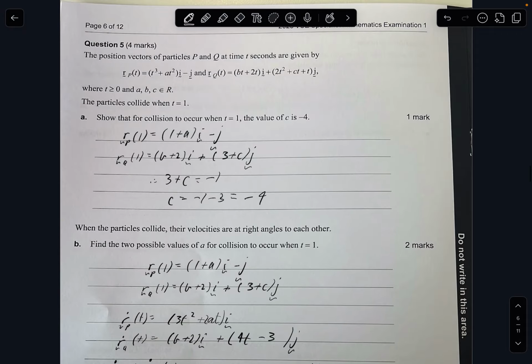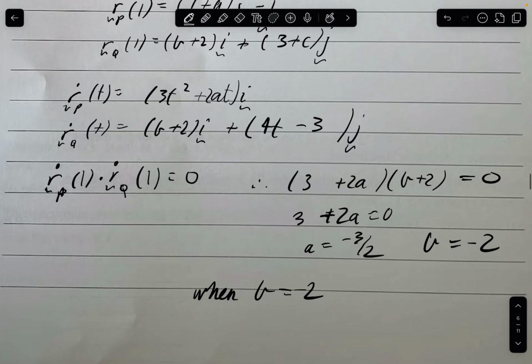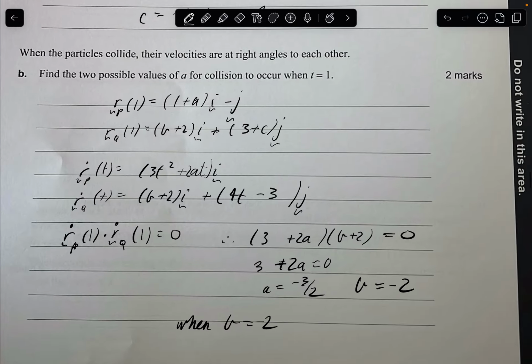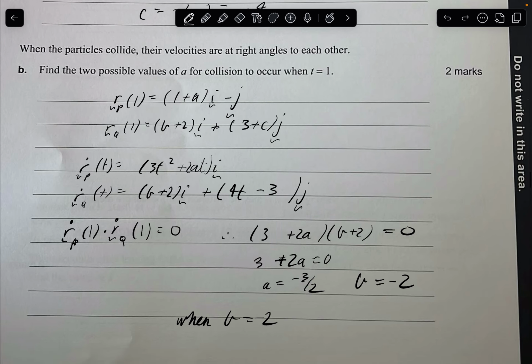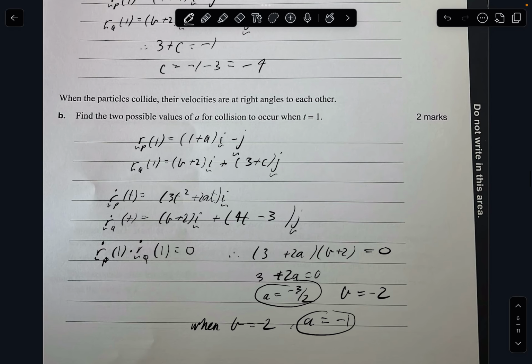When b equals negative 2, you've got that this is 0. So then a should be negative 1. I think I made a mistake, but I think that's fine.